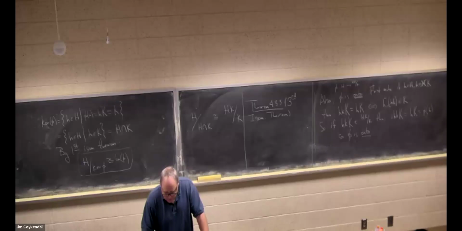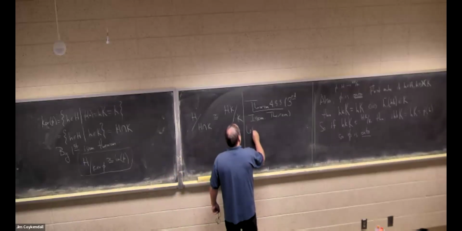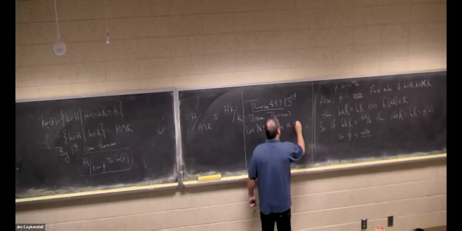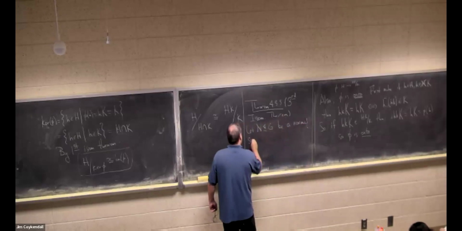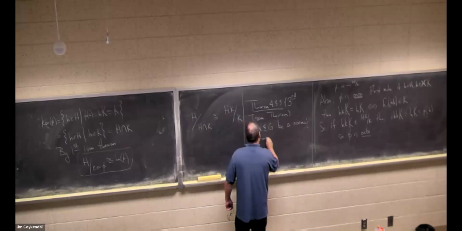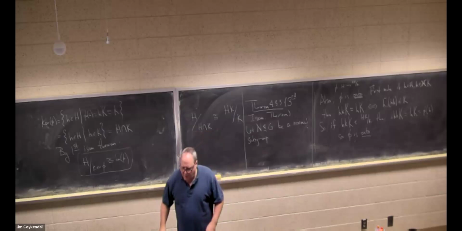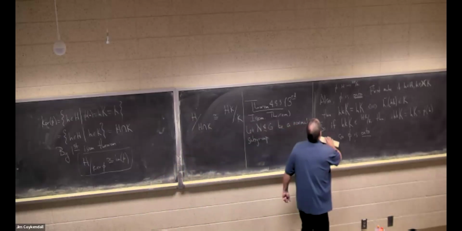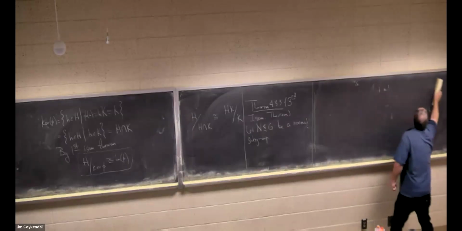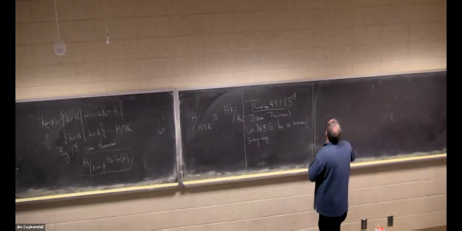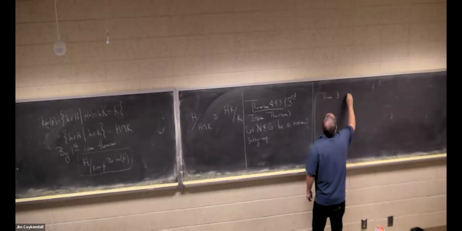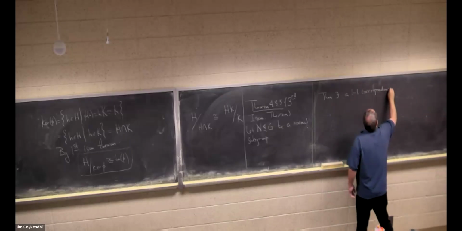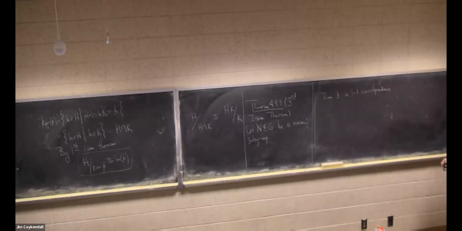Let N be a normal subgroup of G. Then there is a one-to-one correspondence between subgroups of G containing N. If you remember from 3190, what that means is I'm going to talk about two sets.